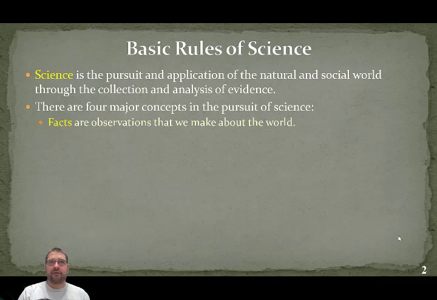Now, how they collect data might not be that good or that scientific, but they collect data. So they make observations of events in the world. That's facts, or loosely facts. We'll talk more about what makes something a true fact, or what makes something a biased fact.